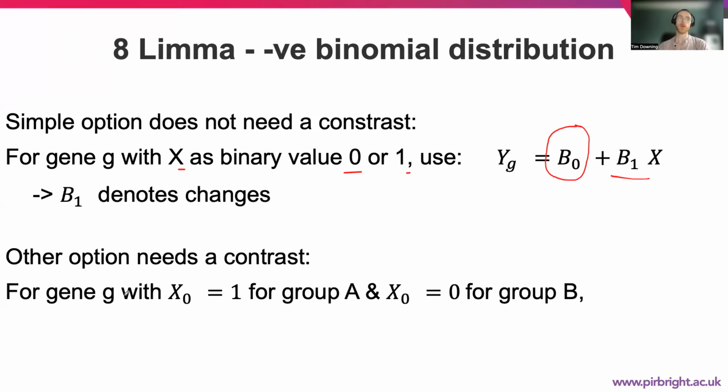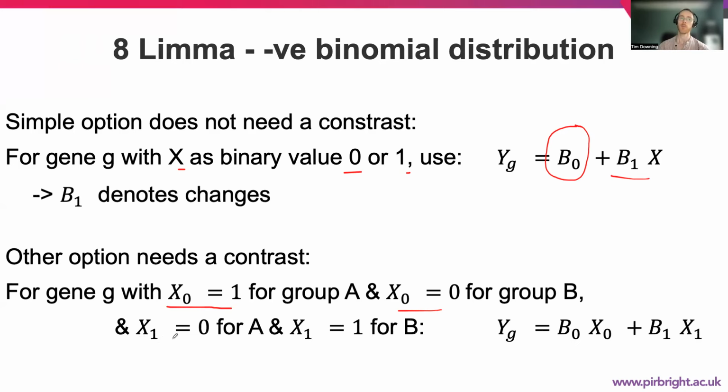So for any gene G, with the first factor set to 1 for group A and 0 for group B, we can compare those two groups. And we might have other factors like X1, where X1 equals 0 for A and X1 equals 1 for B. We have YG as a function of beta 0 by X0 and beta 1 by X1.